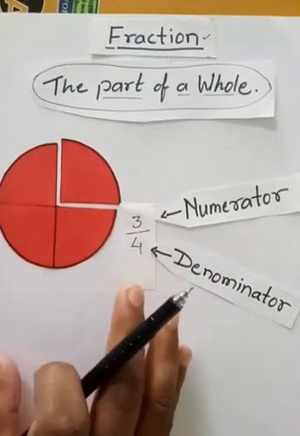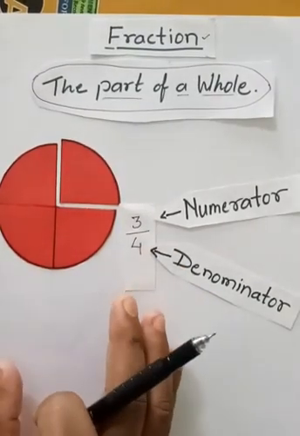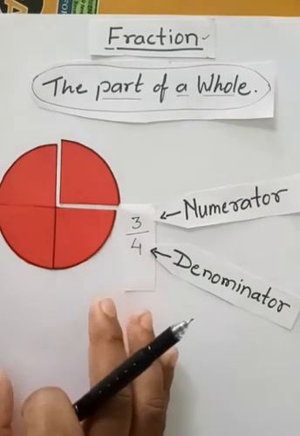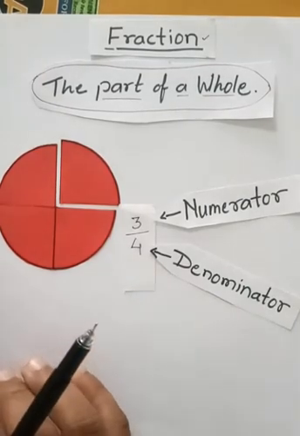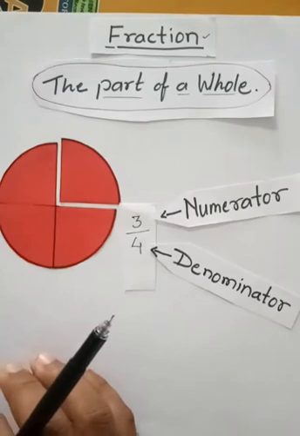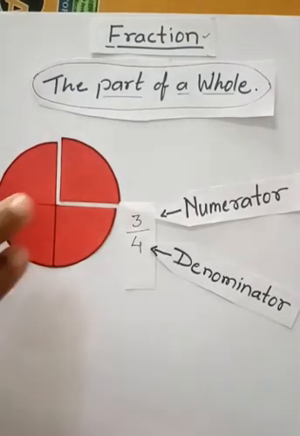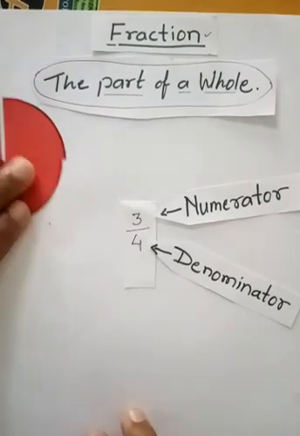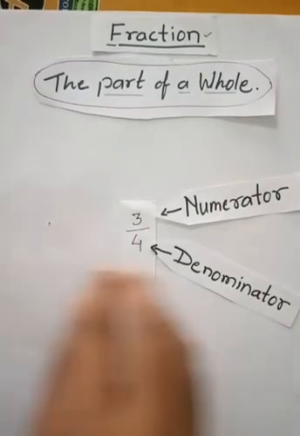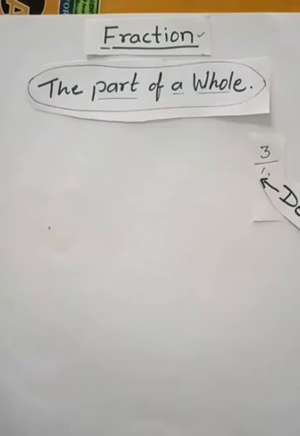Okay, so let me move on to the next part. Let me take you to like fractions. Like fractions are quite a simple thing. Let me remove this one for a while, and this one as well.